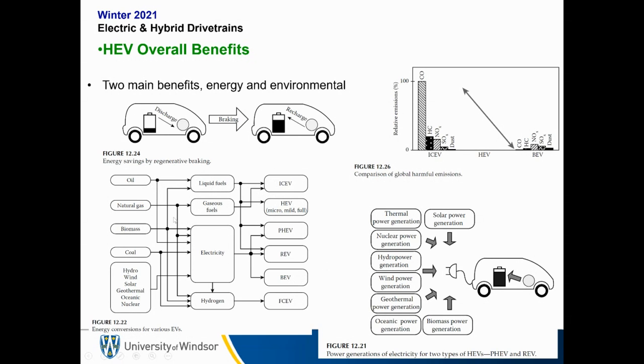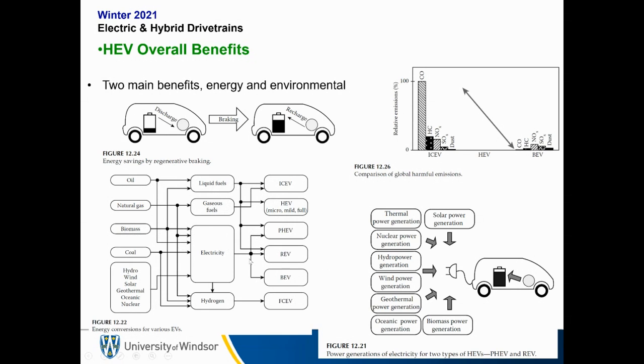For HEV, we could potentially power our vehicle through liquid fuels and other potential fuels, but mostly it's still going to be liquid fuels. For plug-in electric vehicles, we can either fuel them with liquid fuels or with electricity, and if electricity comes from biomass or other renewable energy sources, that means we have a possible net carbon zero.